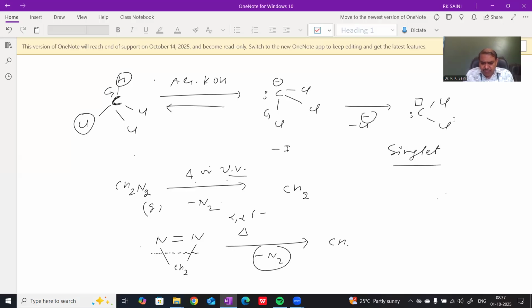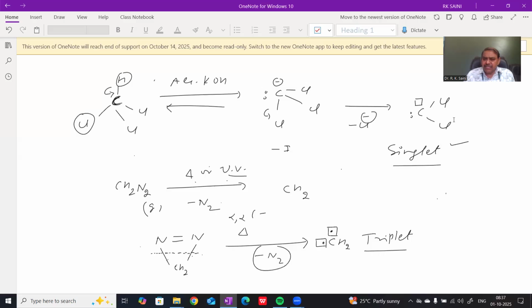In this case, two unpaired electrons are separately present in different orbitals, and it is known as triplet carbene.